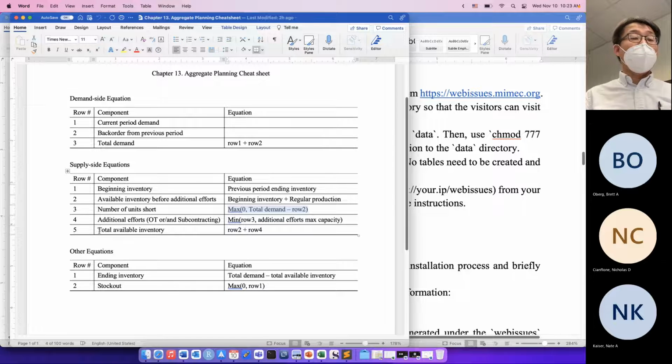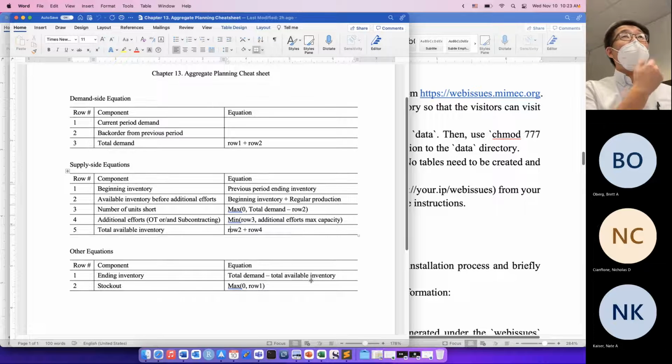Then total available inventory is the amount before additional efforts plus the additional efforts quantity. That's basically your total available inventory. So this is my way of breaking down things. I don't think your textbook, or any textbook, has this information embedded.